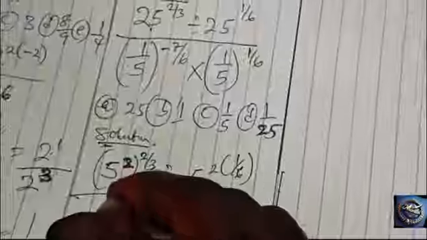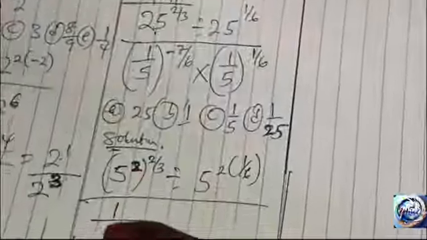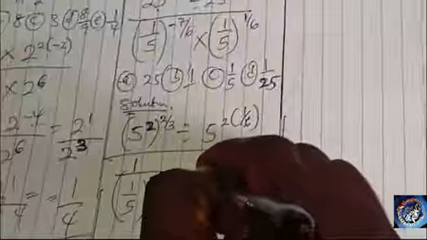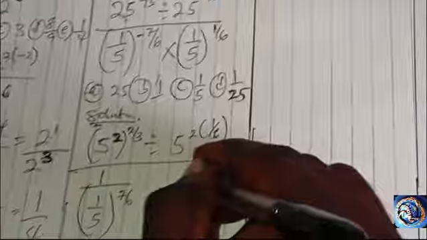Then all over 1 all over 5 raised to the power of 7 over 6 times 1 all over 5 raised to the power of 1 over 6.